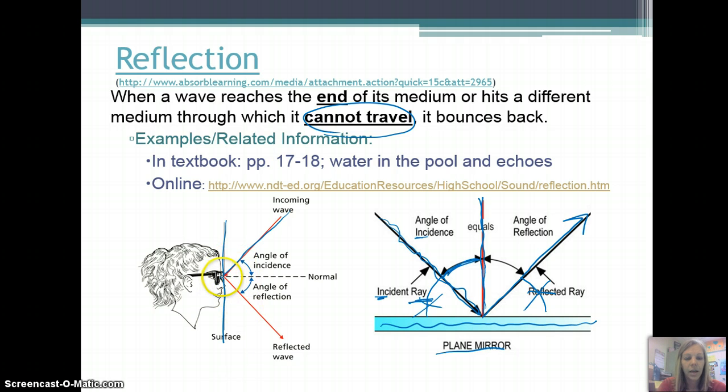You've got a reflected wave, okay? If I want to measure, I draw that perpendicular line called the normal, and I measure the angle of incidence, which will be equal to the angle of reflection. So again, you really need to have a good understanding of all of those vocabulary terms and be able to label diagrams as well as measure the angles, which we'll practice in class.